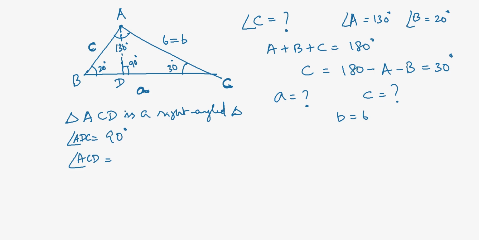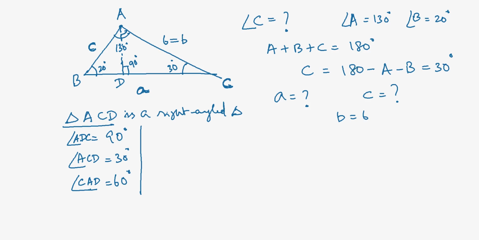Angle ACD is 30 degrees. What is angle CAD? 60 degrees. That comes from this triangle on its own: the sum of the three angles must be 180. So this angle alone is 60 degrees. Good.